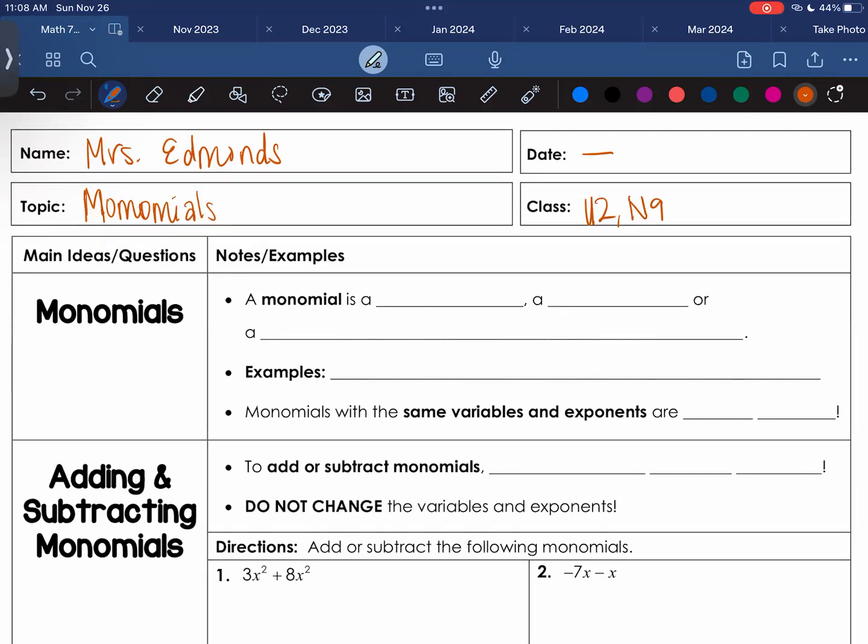So a monomial is a number, a variable, or a product of a number and variable.